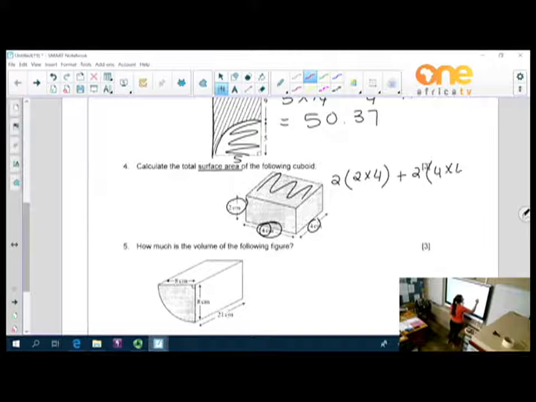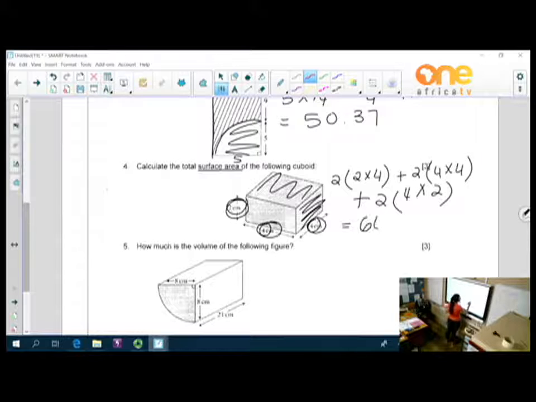So 4 times 4. Plus, we will have 2 sides of 4 and 2. So this again will be 4 times 2. And we will be left with a total surface area of 64 centimeters squared. Remember, they give you units, centimeters, so your answer needs to be in unit.